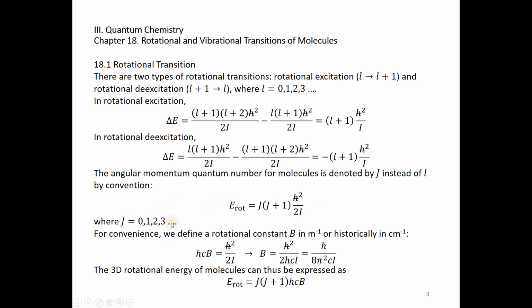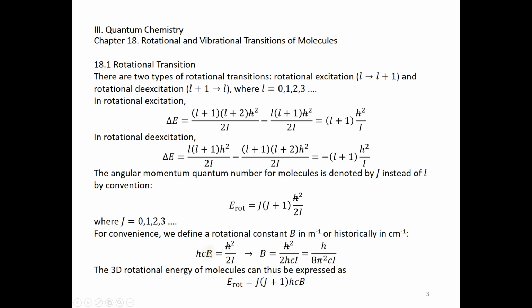For convenience, we often define a rotational constant B in meter to the power of negative 1 or centimeter to the power of negative 1 this way. We define hcB equals h bar squared over 2I. So B can be expressed as h bar squared over 2hcI, or h over 8 pi squared cI.